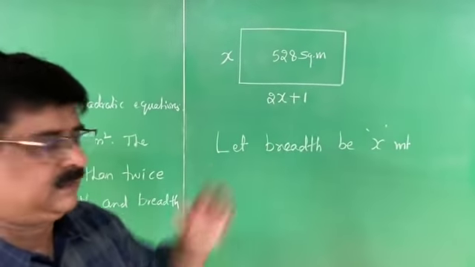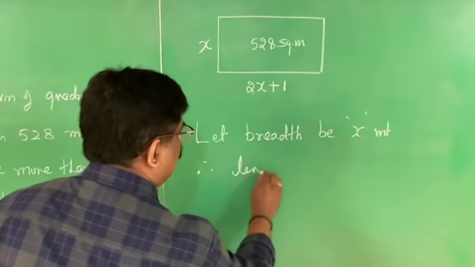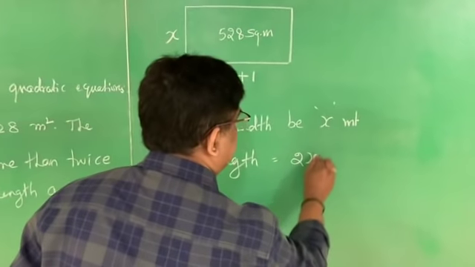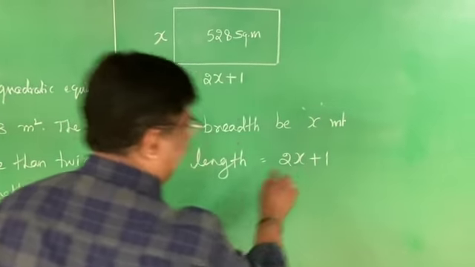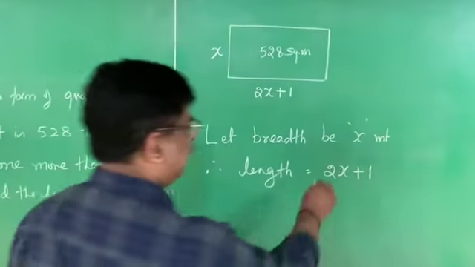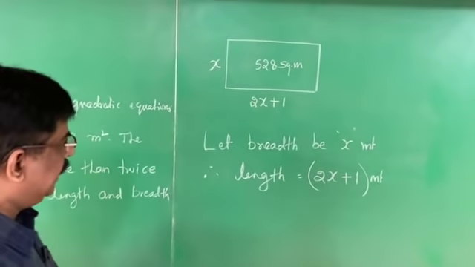Breadth is x. Therefore, length is equal to what? Therefore, length is equal to 2x plus 1, 1 more than twice the breadth. 2x plus 1 meter. This is what is known as the length.